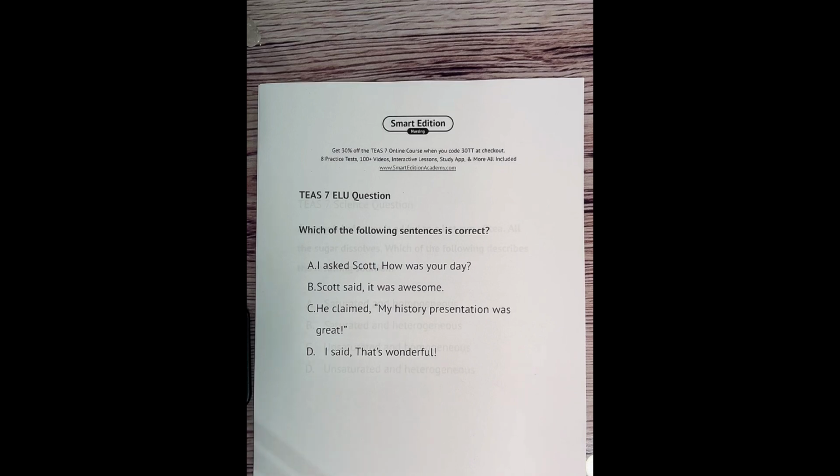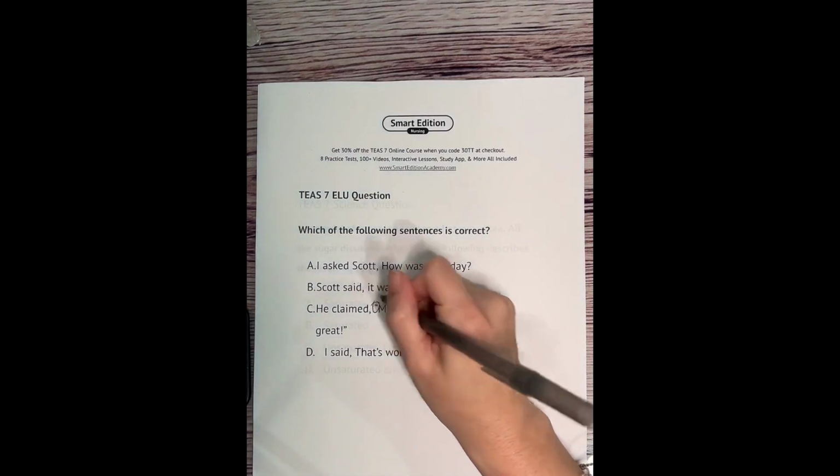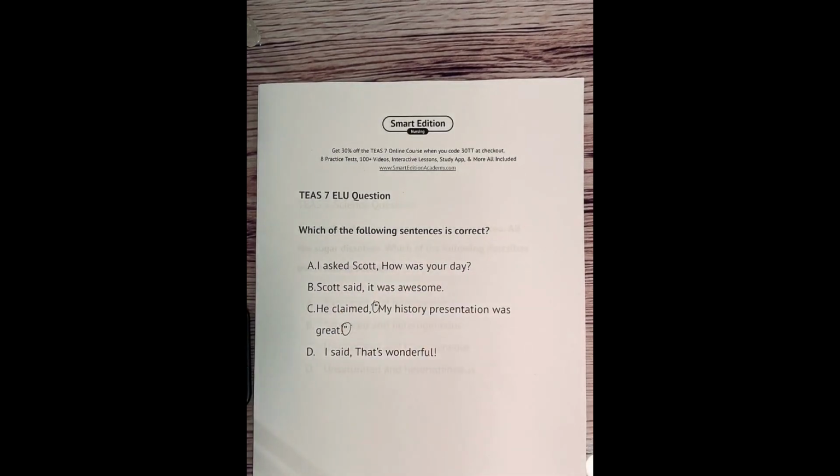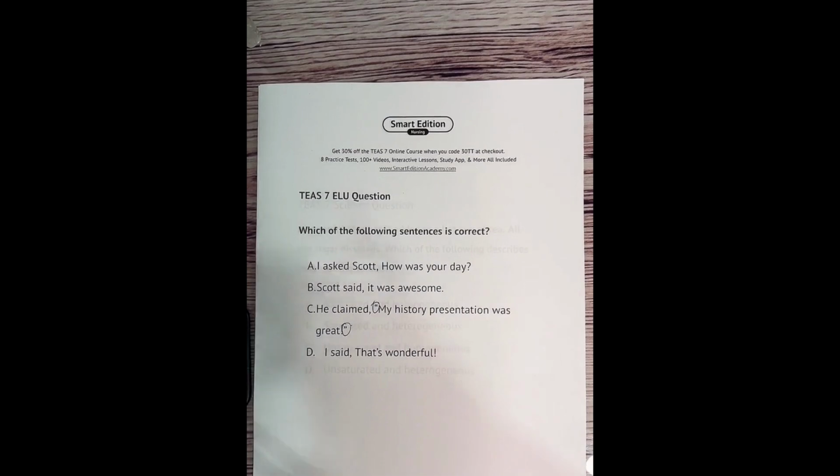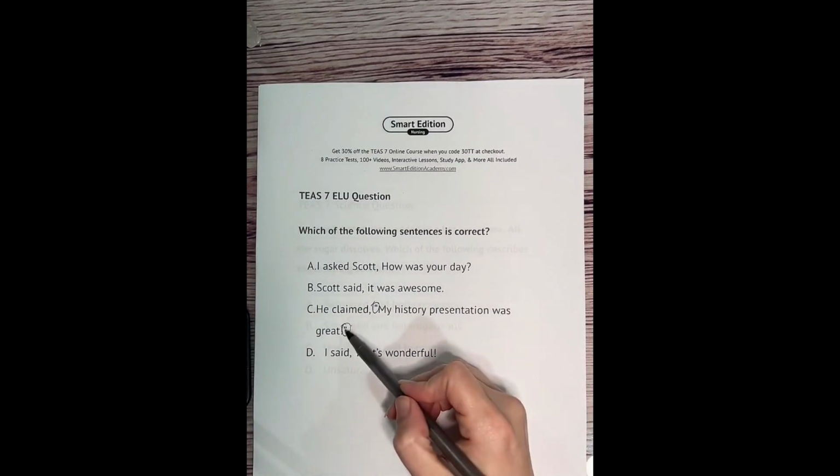Okay, so the correct answer here is C. The first thing I want you guys to look at is the quotation marks. The quotation marks are probably the easiest thing that people get tripped up on. A lot of the time people put them inside of the terminal explanation points.